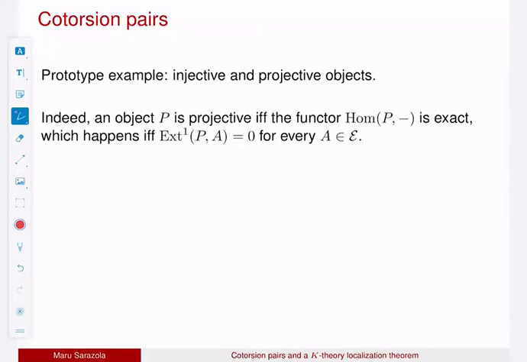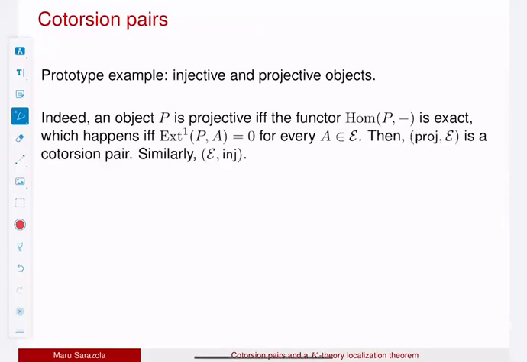Note that this is exactly saying that if we take the pair where the first class is that of projective objects and the second class is the entire class of objects, then this is going to be a cotorsion pair. And similarly, if we take all objects in the first class and injective objects in the second class, that is also going to be a cotorsion pair. So these two are cotorsion pairs no matter what our exact category is.